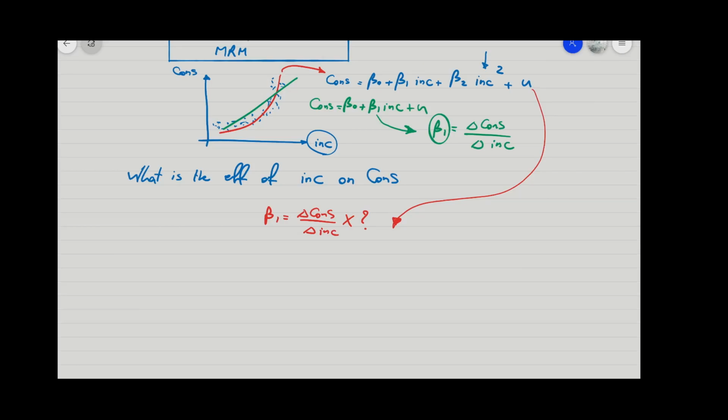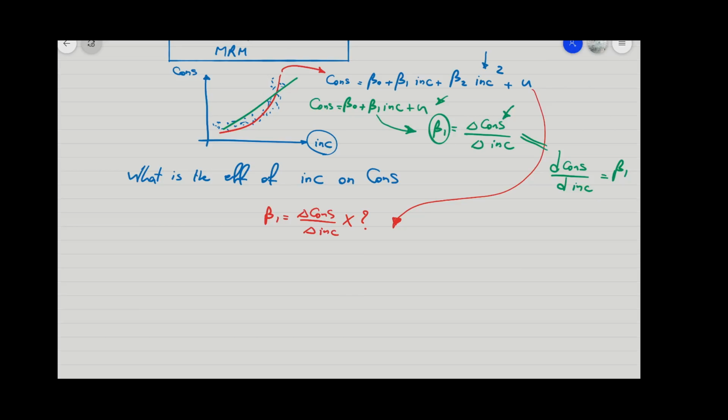So here in this green model, the simple regression model, if I take the derivative of this formula with respect to income, what do I get? Here it's linear, so the answer is going to be beta 1. And these are equivalent, right? Derivative and changes, if the changes are small enough, are exactly equal to each other, right?